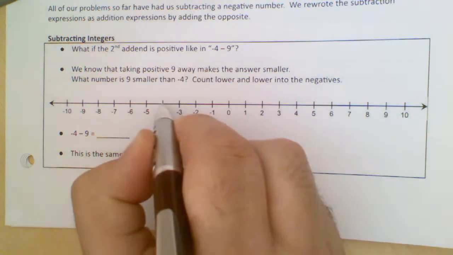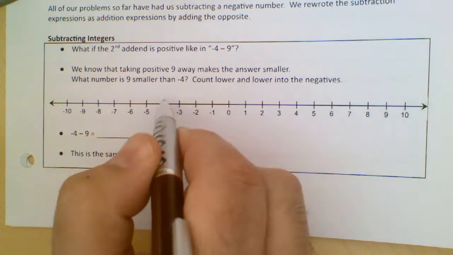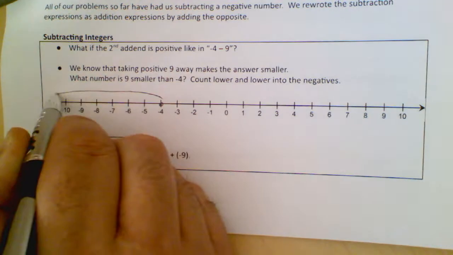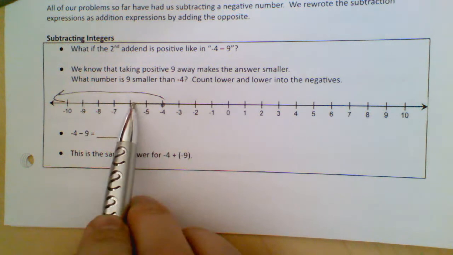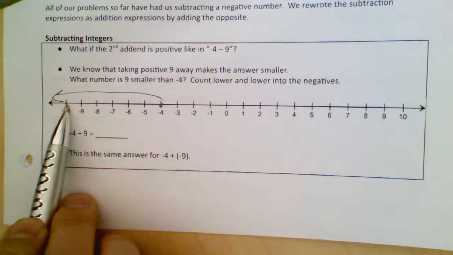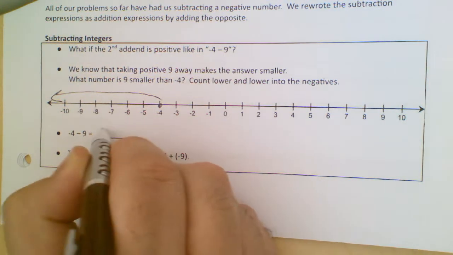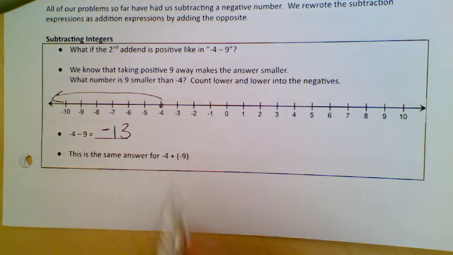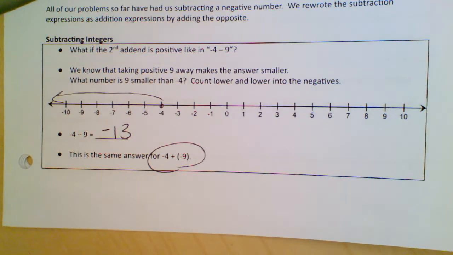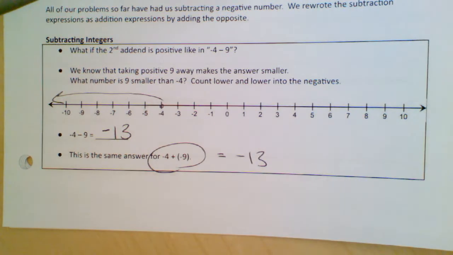If we're here at -4 and we go 9 smaller, we're going to be off the number line. So 1, 2, 3, 4, 5, 6, and then 7, 8, 9. And this is the same answer as -4 plus -9. That also equals -13.